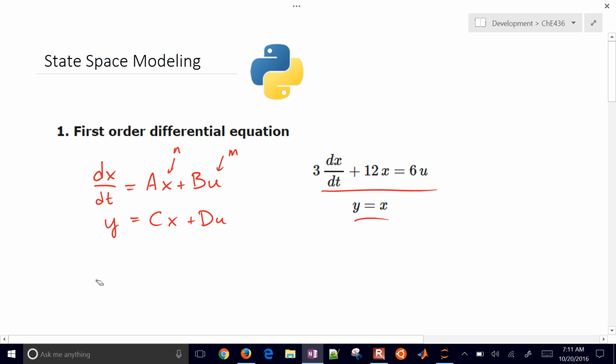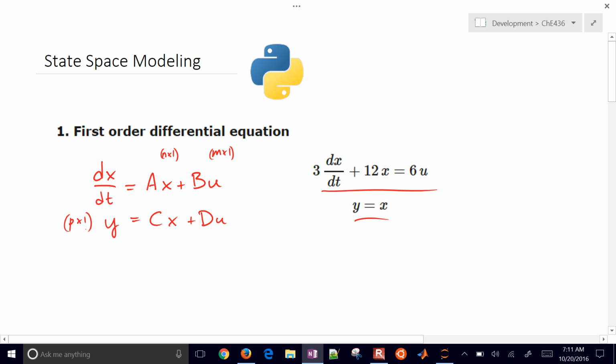So when you're talking about the dimensions of these matrices, this is going to be an n by 1 matrix, just a column vector with entries like this. So this is an n by 1. U is going to be an m by 1. Okay, and then we have y is going to be a p by 1.